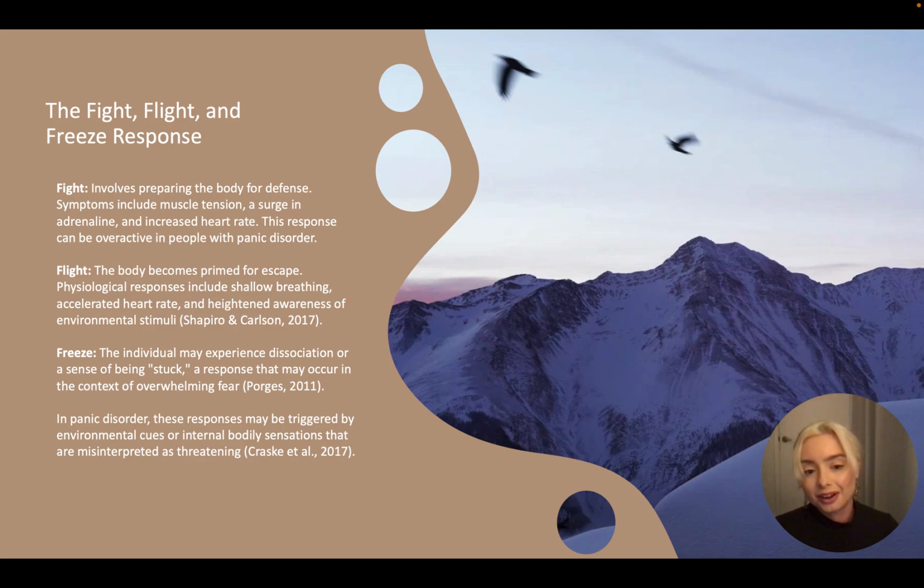All three of these are natural responses in someone who is struggling with panic disorder, but these responses may be triggered by environmental cues or even internal bodily sensations, such as the somatic feelings we spoke about earlier, and they can be misrepresented as extremely threatening.